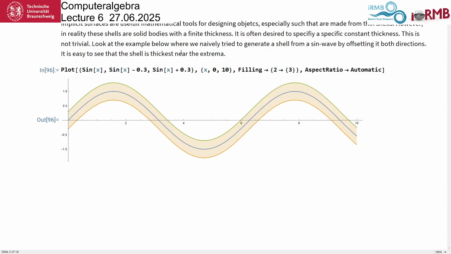Then you turn off your brain, don't think hard, and say, okay, we just move this up and move this down, and many people then believe they have created an excellent surface of constant thickness, because this is what you usually want to have. You want either maybe not a constant thickness, but a controllable thickness.